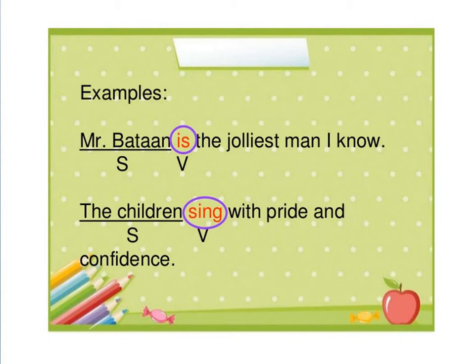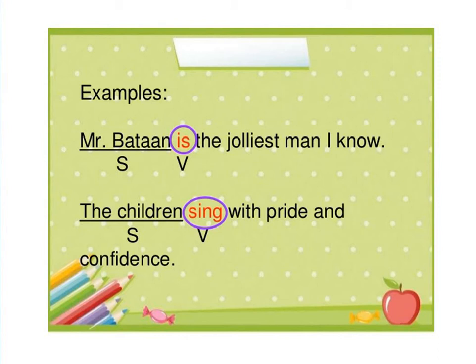So we cannot write that Mr. Bhutan are the jolliest man I know. So is is used for the singular. If the subject is singular, then the verb must be singular in order to get the agreement grammatically correct. So we wrote Mr. Bhutan is the jolliest man I know.